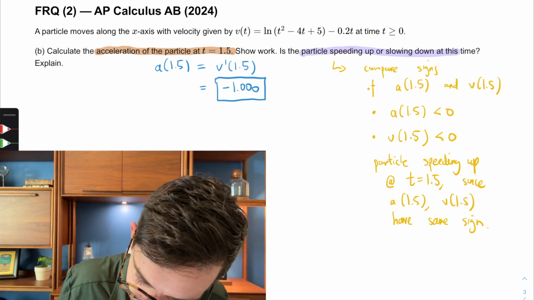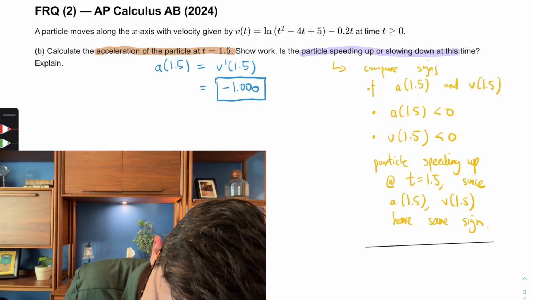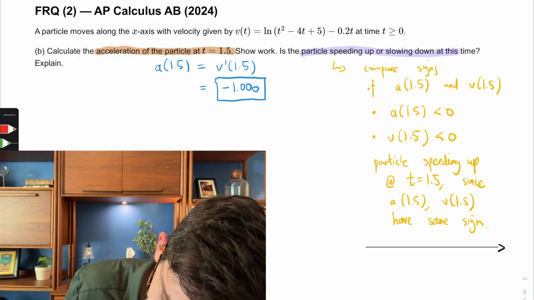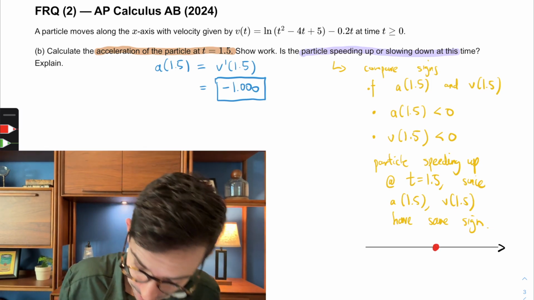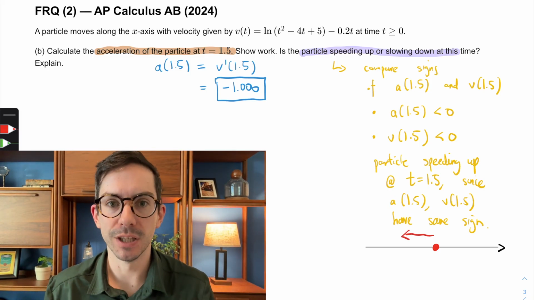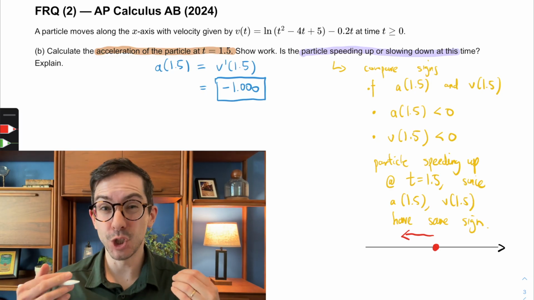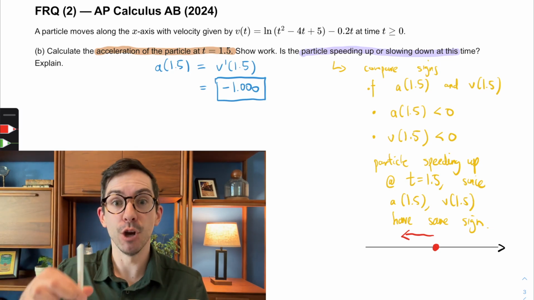Well, if we think about the actual motion along the x-axis, at t equals 1.5, my particle's velocity is negative. So I know that I'm heading towards the negative direction, the left, and my acceleration is negative. So the rate of change of velocity is negative, and that's driving the velocity down even more.